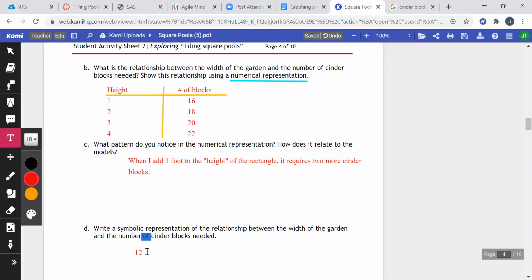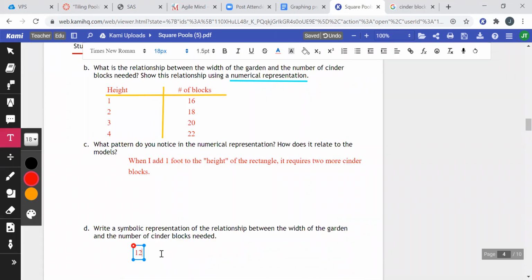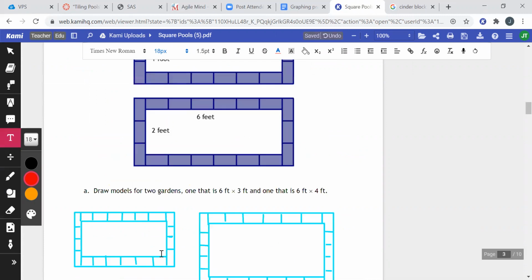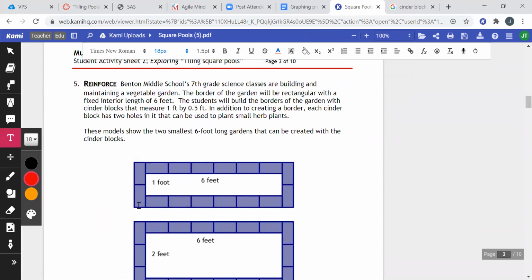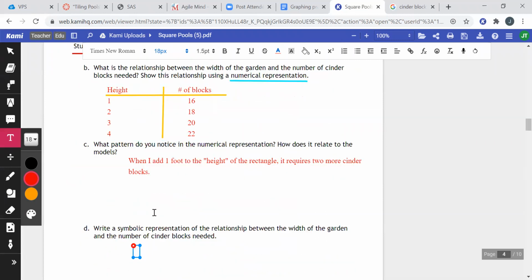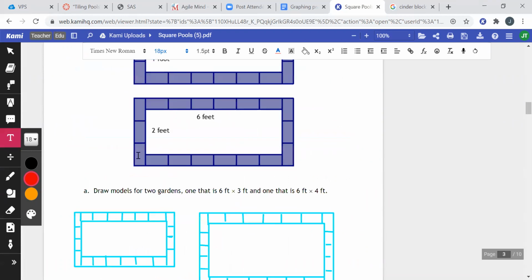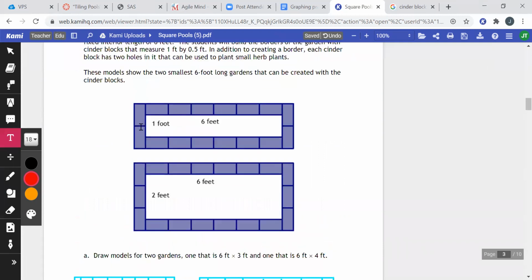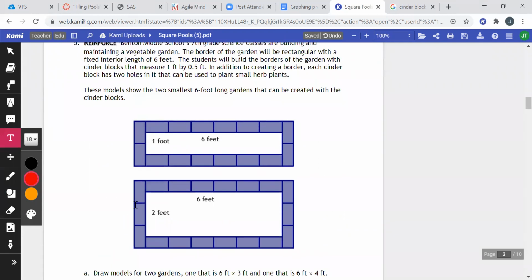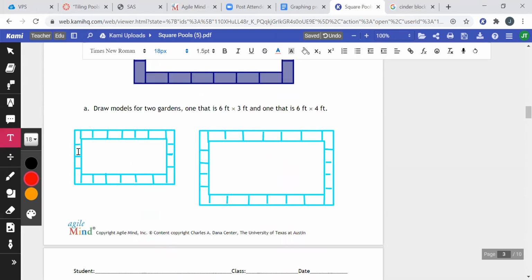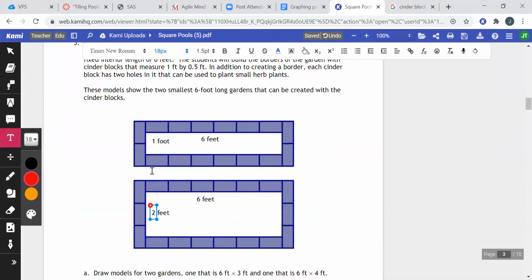So we have to think of a way we're counting it. This might be tricky. So here, I'm going to show it a way that I would do this. I would say we have 1 foot, I have 2 blocks, right? That's X, whatever the height is, we'll make it H. H plus 1. That is how many blocks it takes to make each side, right? H plus 1, so that's 2 blocks here, 3 blocks here. If this is a 2, this is a 3. This is a 3, it's a 4, and so on and so forth.